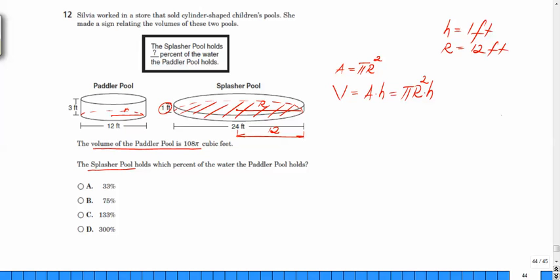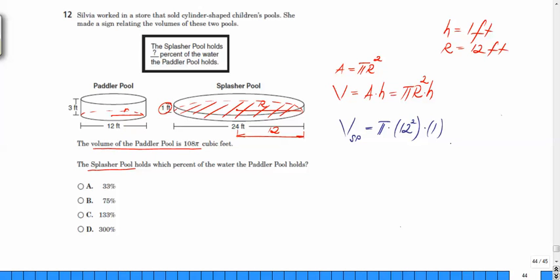Knowing all of this, I can just go ahead and find the volume. And the volume of, let's say, the splasher pool will be equal to pi times r squared, but that's 12 squared, times height, which is 1.